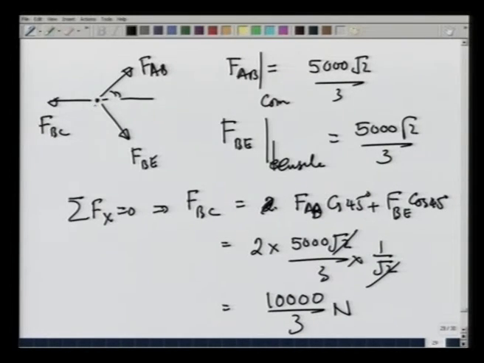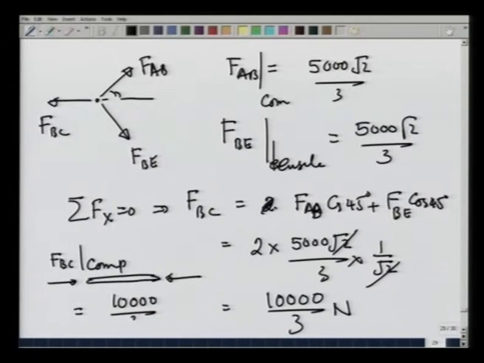And since the pin is being pushed out, the pin will push the rod in, and therefore, on the rod the force FBC is compressive, and this is of the magnitude 10,000 over 3 newtons.